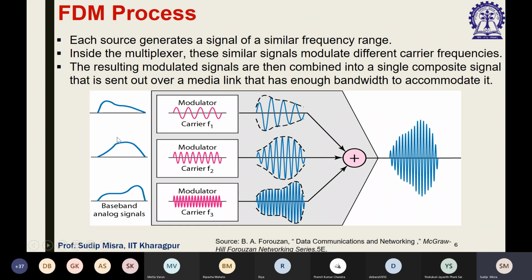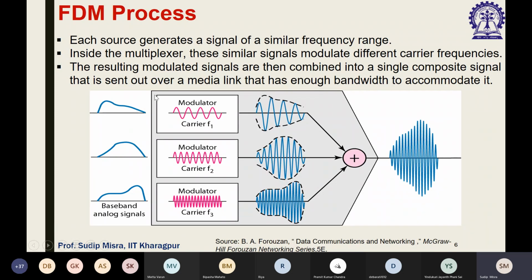Let us say we are talking about some baseband analog signals. Every source generates baseband signals which are analog in nature. These signals are put inside the multiplexer. So this is input line 1, input line 2, input line 3, connected to different computers, and each sends these different signals.